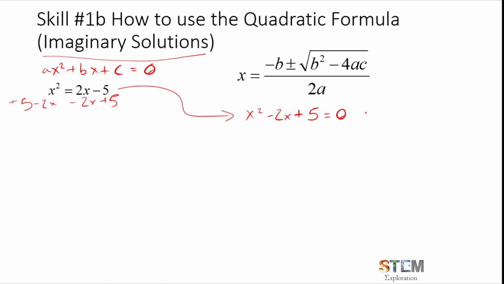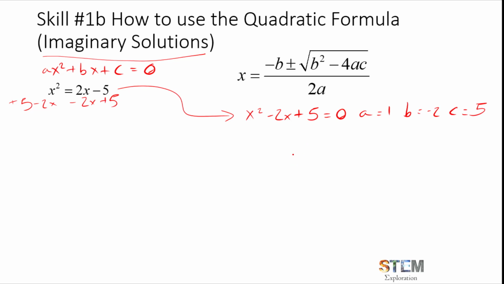If I take a little look at this, I'll see that a is equal to 1, b is equal to -2, and c is equal to 5. Once we start getting through this, we're going to notice something interesting, and that is that there are no real solutions for x.